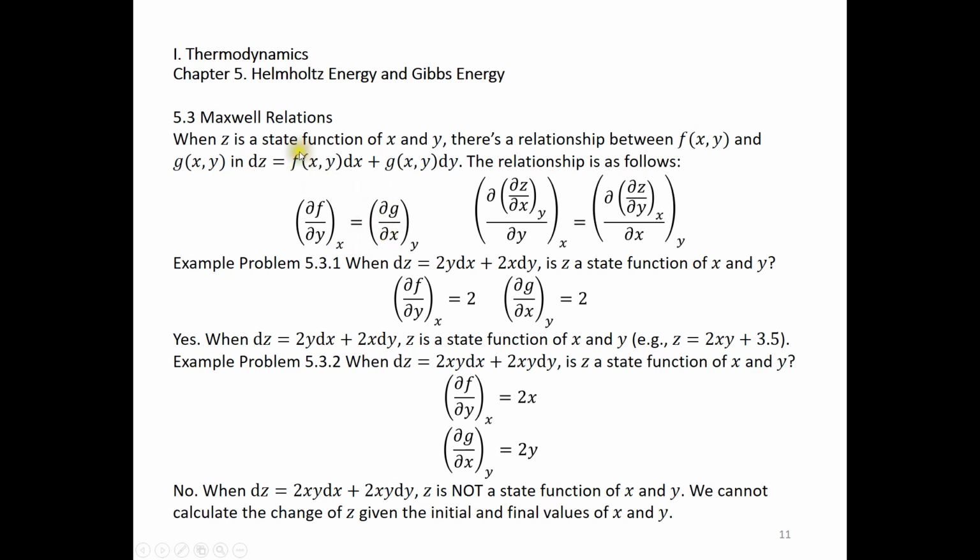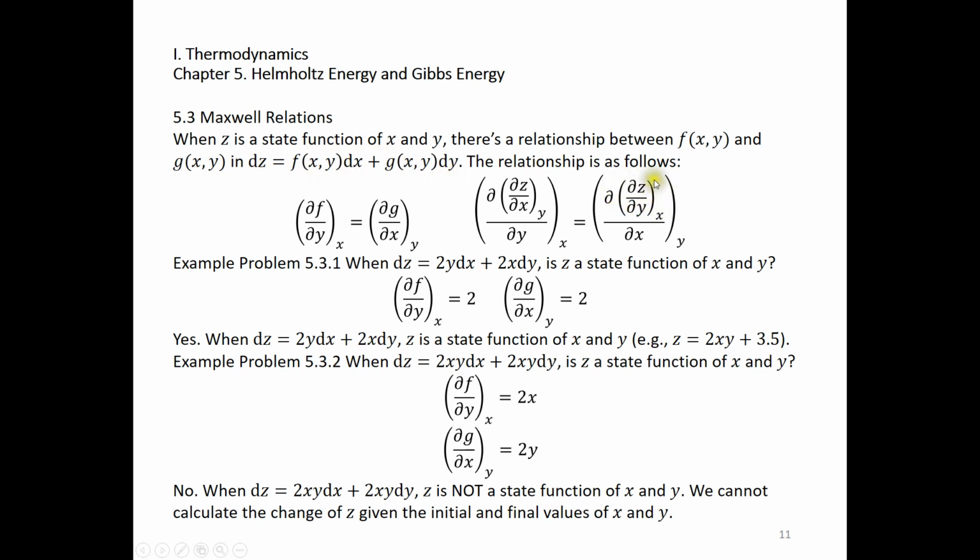And don't forget the physical meaning of f. F is just delta z over delta x when y is constant. And g is delta z over delta y when x is constant, right? When x is constant, this term disappears, and then g is just dz over dy when x is constant.